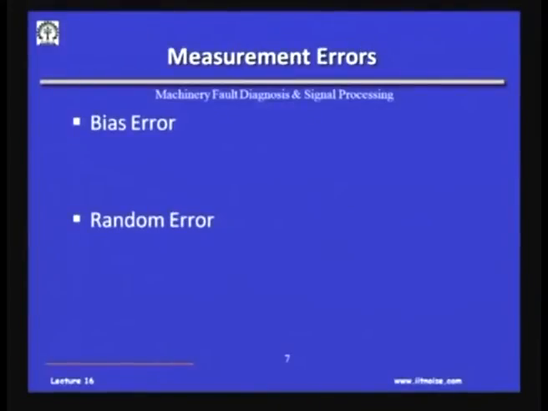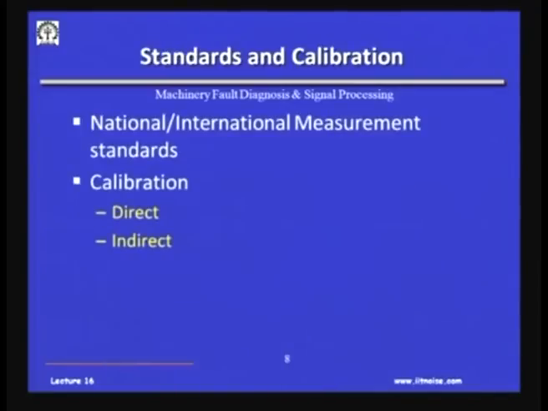And then we just discussed measurement errors, the bias error and the random error, and of course, they can be removed by having proper calibrations. So, calibrations and measurements, of course, have to be done as per the international standards, because once we report our vibration measurements done in lab A to lab B, we should ensure that the same standards were used or the equipment was calibrated, so that the data is reproducible and can be exchanged between different communities and groups.